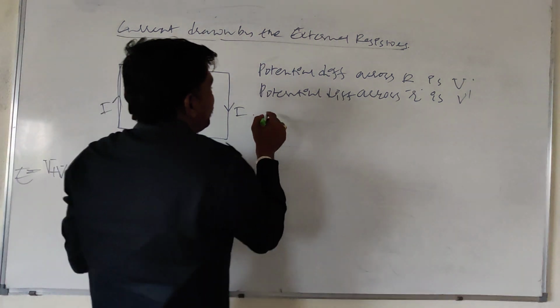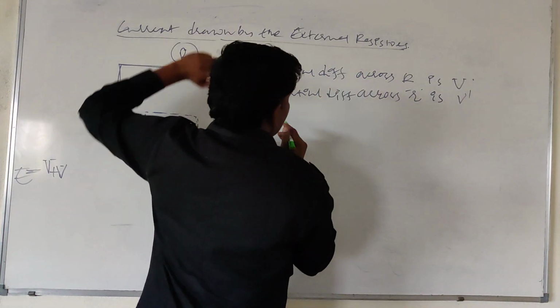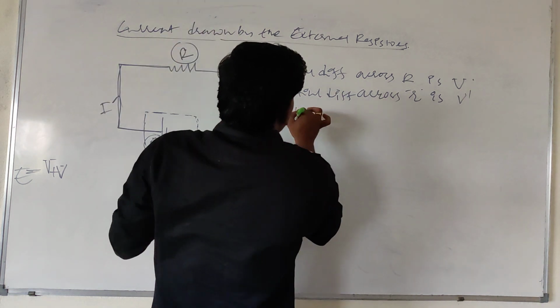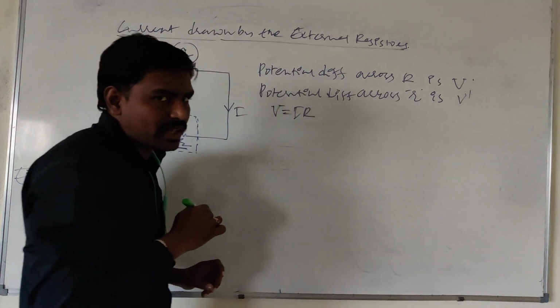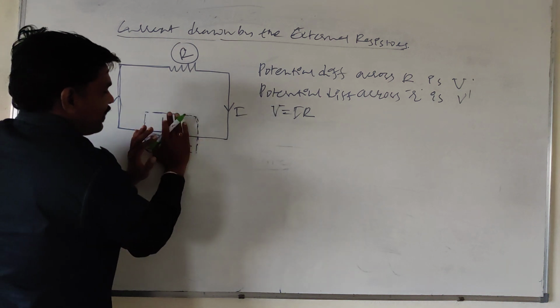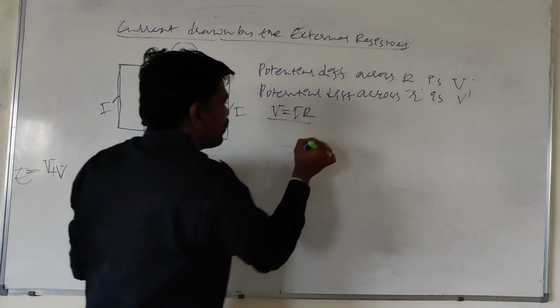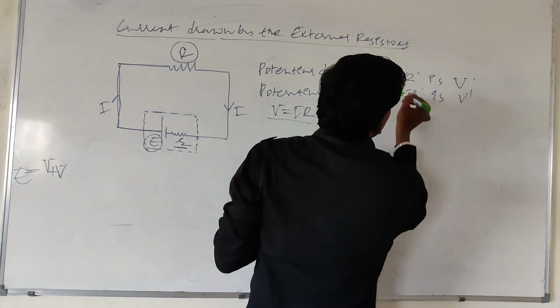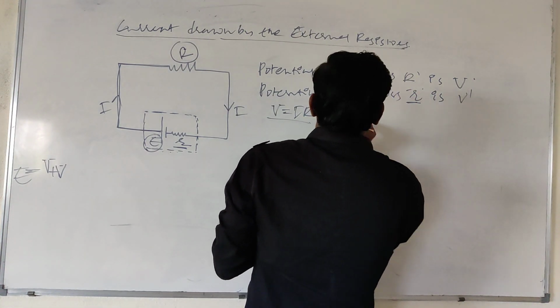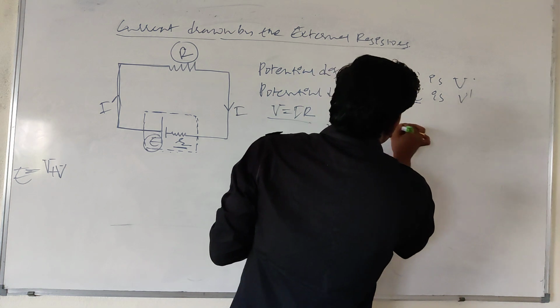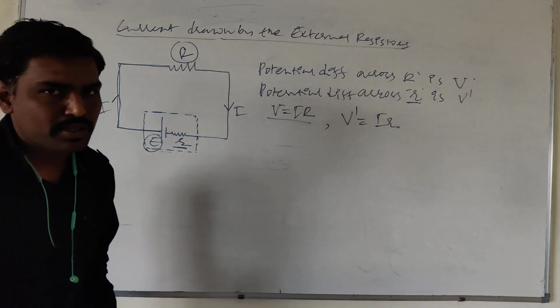Now can I write V is equal to IR? Applying Ohm's law to capital R, V is equal to IR. Similarly, V dash is equal to I small r.